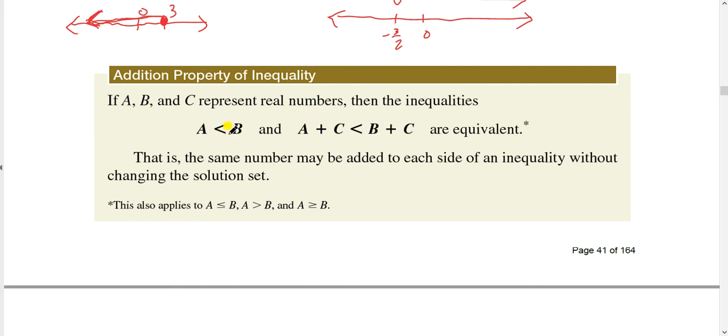That is, the same number may be added to each side of an inequality without changing the solution set, because the two forms here are equivalent. If you add something to the left and do the same thing to the right, you are not changing the solution set.